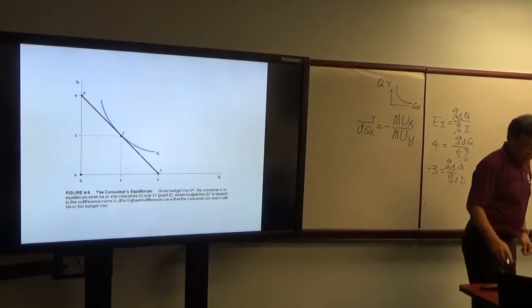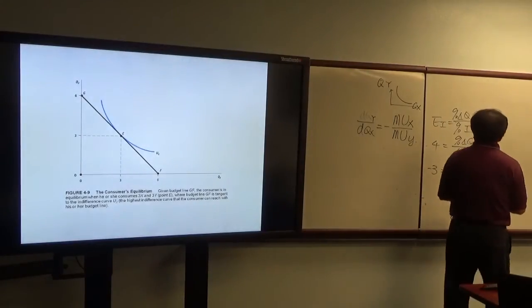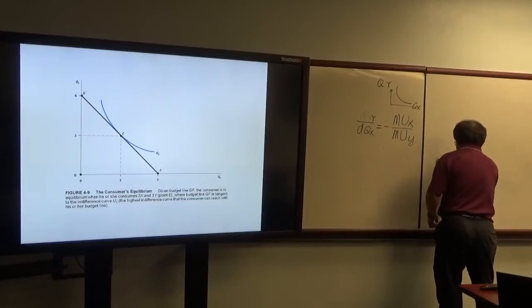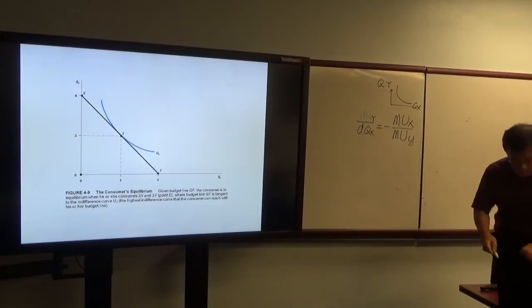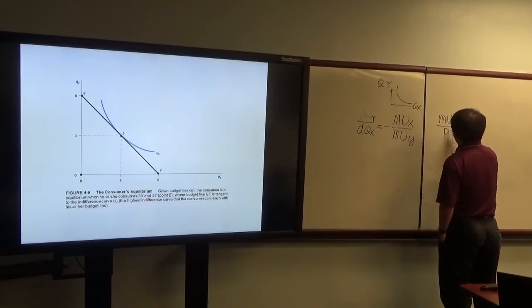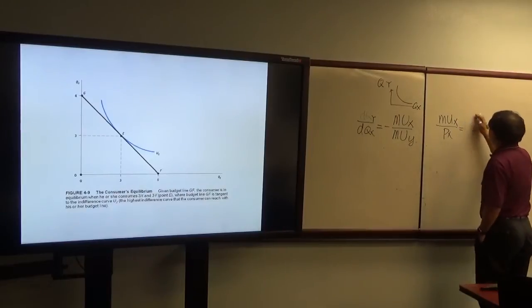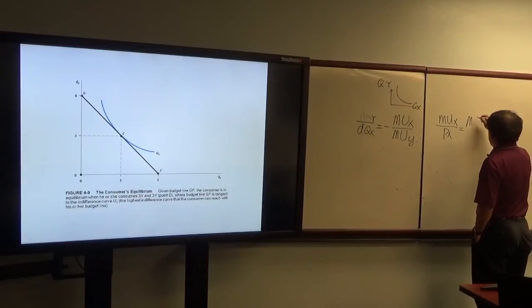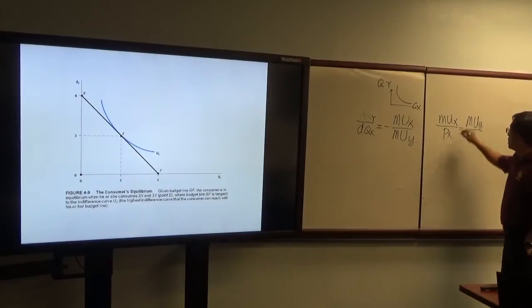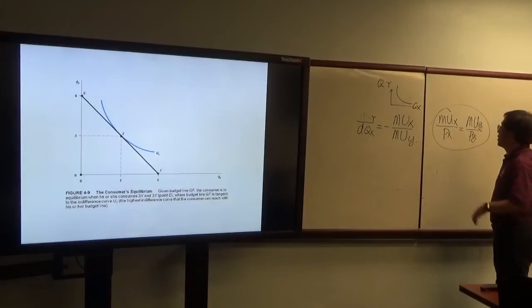According to this point, the last dollar you spent, your marginal utility from X divided by the price of X is the same as your marginal utility from Y divided by the price of Y. That's the last dollar you spent.